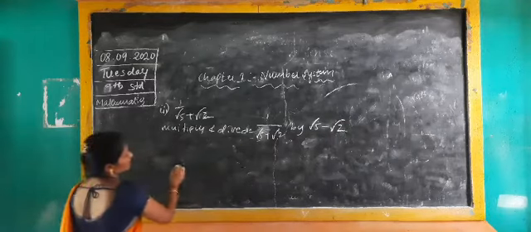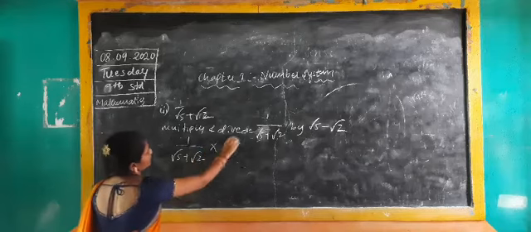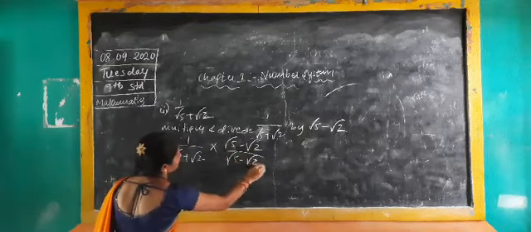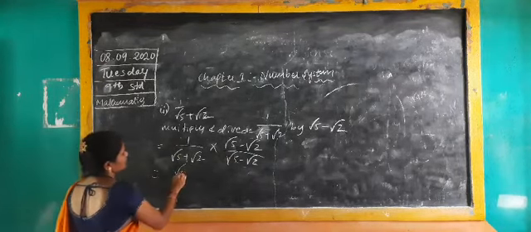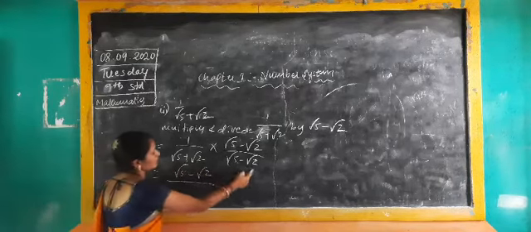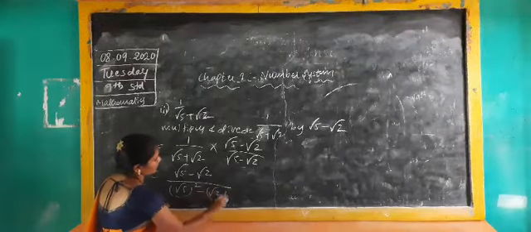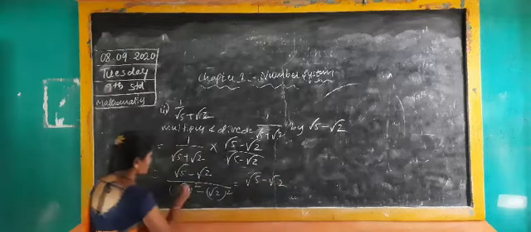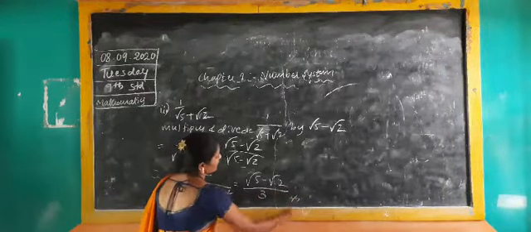You have to take 1 by root 5 plus root 2 into root 5 minus root 2 divided by root 5 minus root 2. Both will be the same, you should take. Next we have to multiply. Root 5 minus root 2 divided by, it is in the form a plus b, a minus b, means root 5 square minus root 2 square. Okay, remaining root 5 minus root 2. You know already square root square cancelled, you will get 5 minus 2, how much? 3. 3 is the answer.